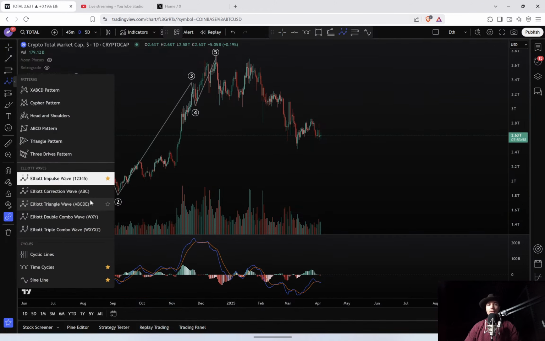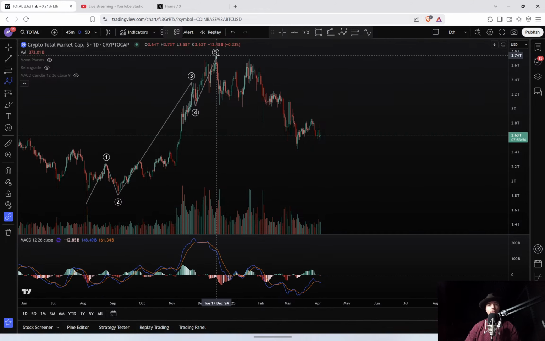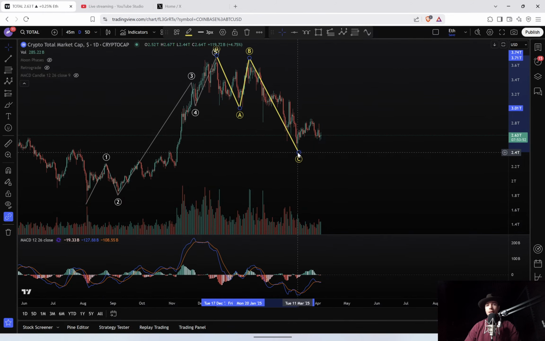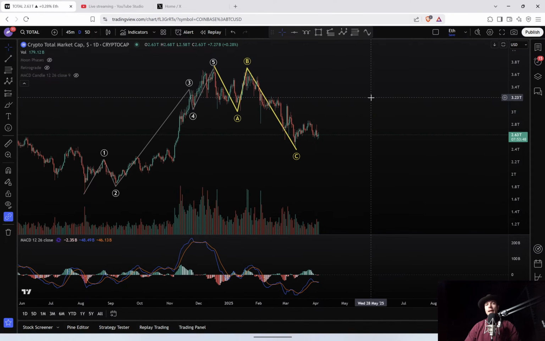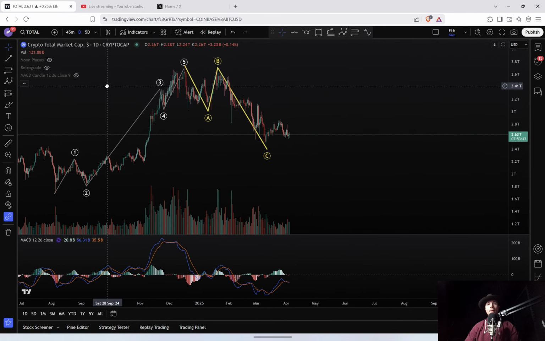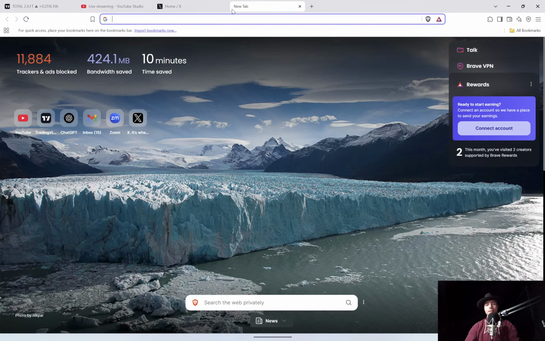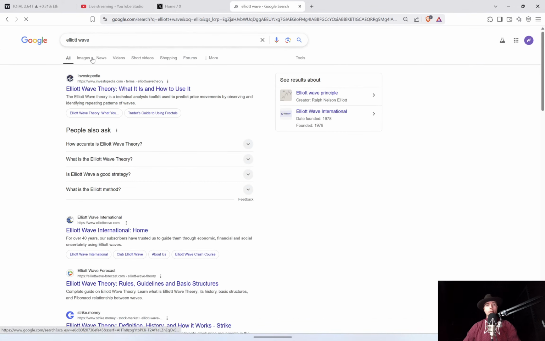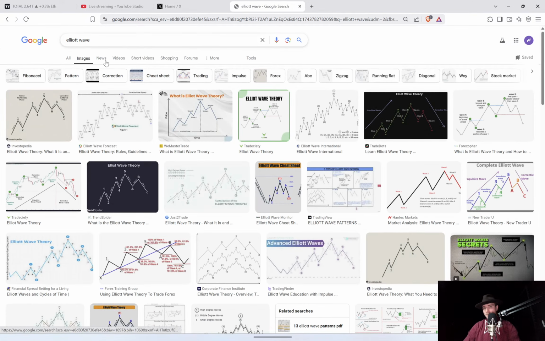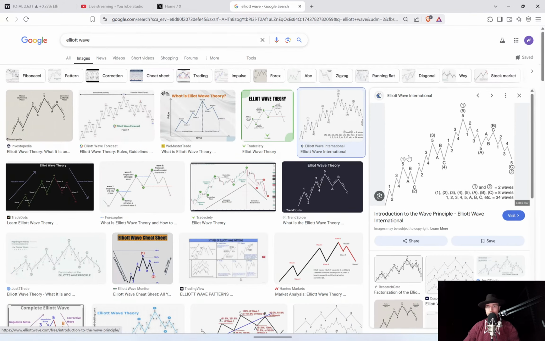Then you get your ABC correction that comes afterwards, as you can see: wave A, wave B, and wave C. So that's a full, complete Elliott wave cycle here with the crypto total market cap. And if you guys don't know anything about Elliott waves, you're going to learn a little bit today, right here and right now.